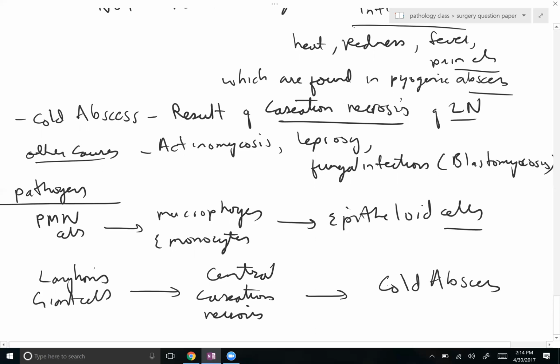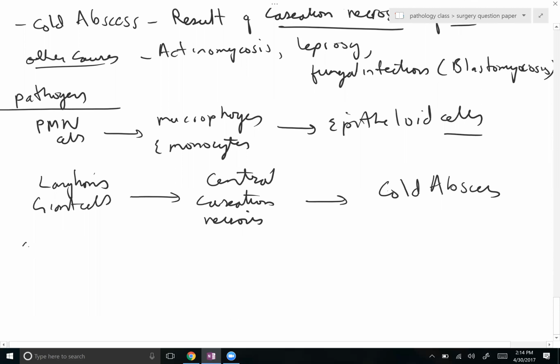Now, the sites where it can be present more commonly, and the composition of an abscess. It is basically composed of serum, leukocytes, and caseous material.